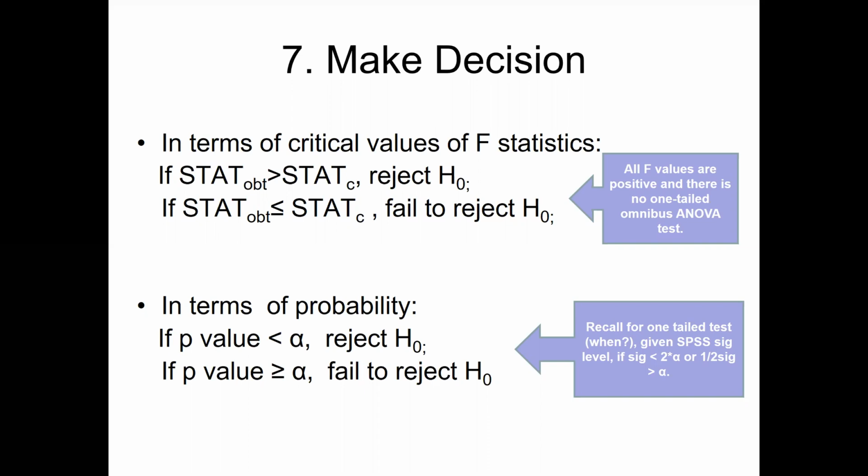There are no one-tailed omnibus ANOVA tests. If you are looking at the exact probabilities as reported in SPSS, if the p-value for your results is less than alpha, you're going to reject the null hypothesis. And if it's greater than or equal to alpha, you're going to fail to reject the null hypothesis.